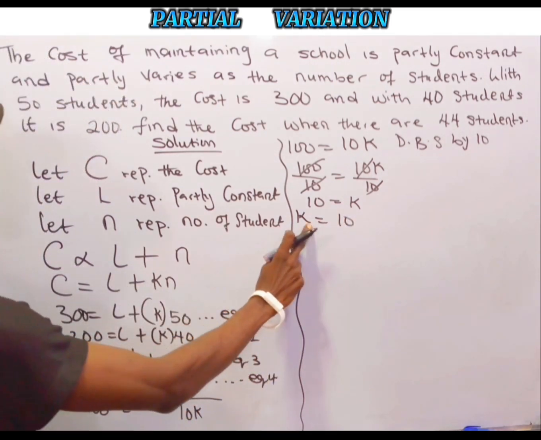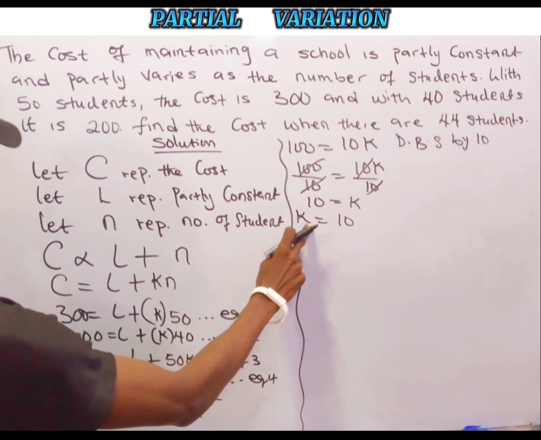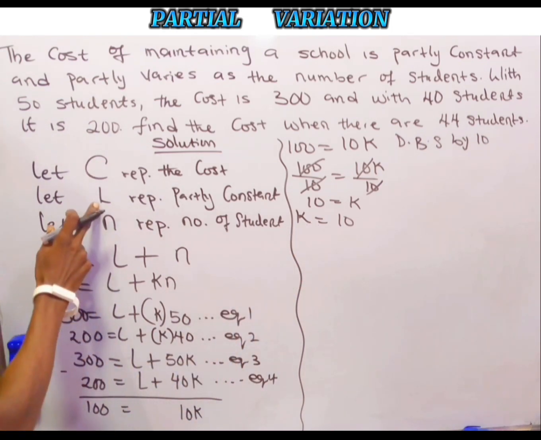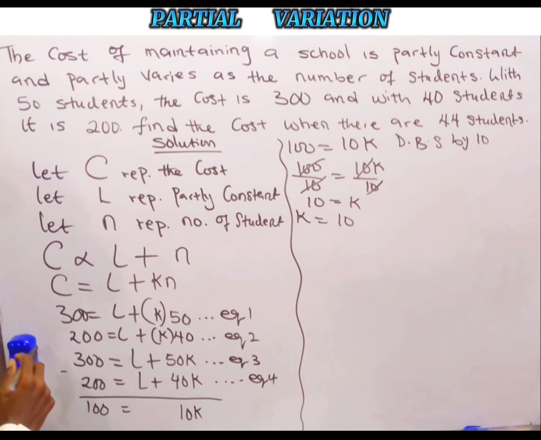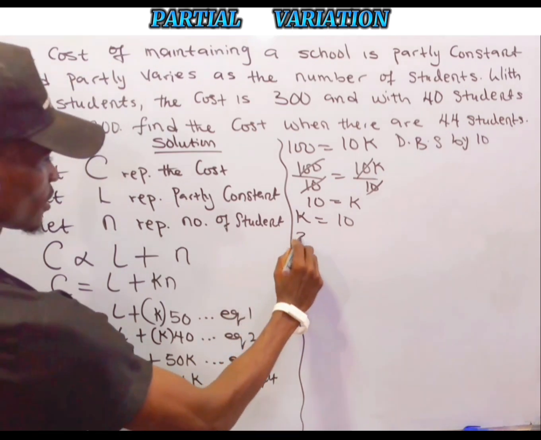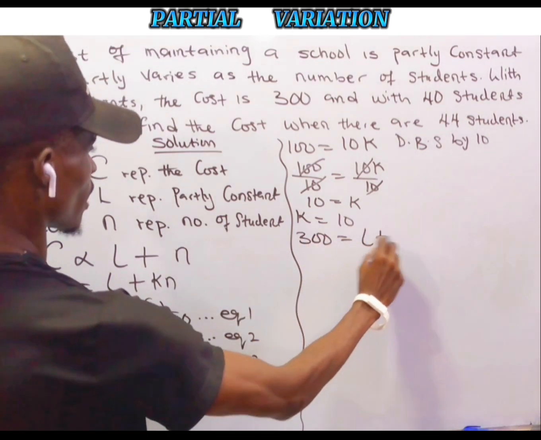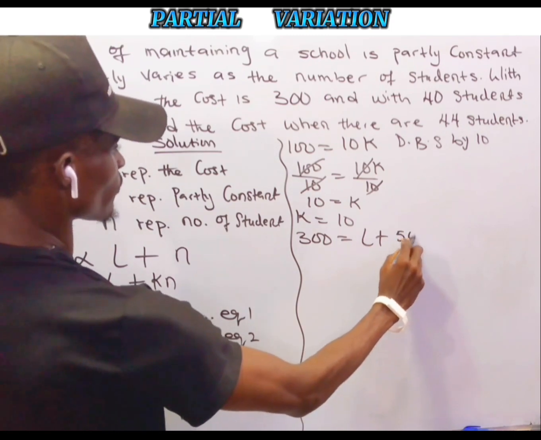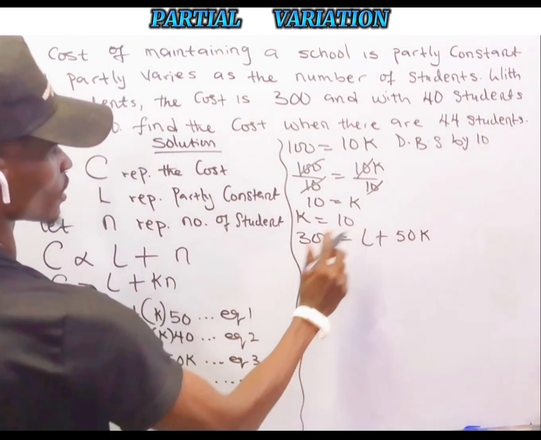Now, we've gotten our value for K, which is our constant. Now, let's use K to find the partly constant, L, in equation 1. Equation 1 is 300 equals L plus 50K. So let's substitute K to 10.